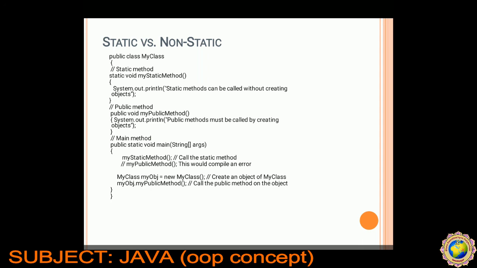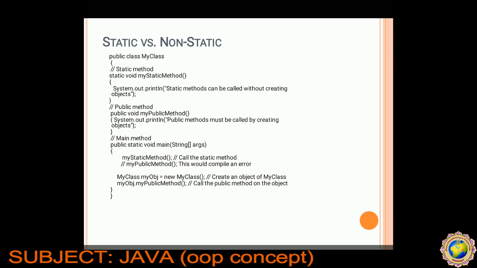So now, how to call them? public static void main, myStaticMethod. Why have we only written this method name? Because it is static, so we can call the static method easily. Also, Java is case sensitive, so mind well how you write your method name.